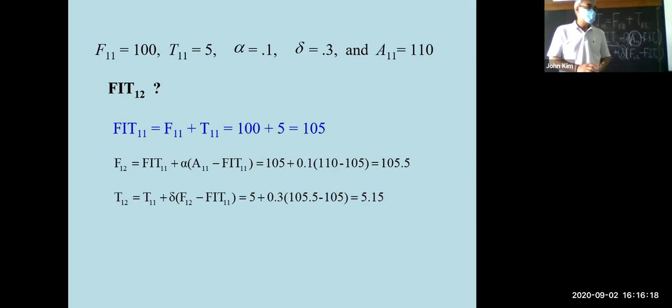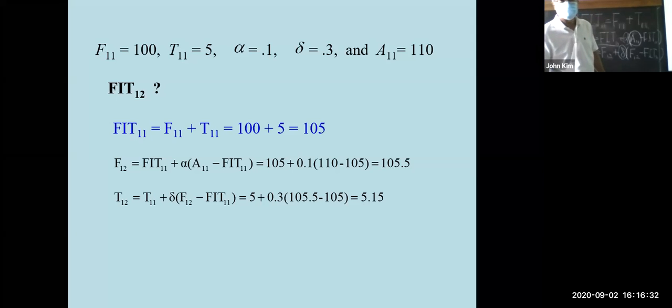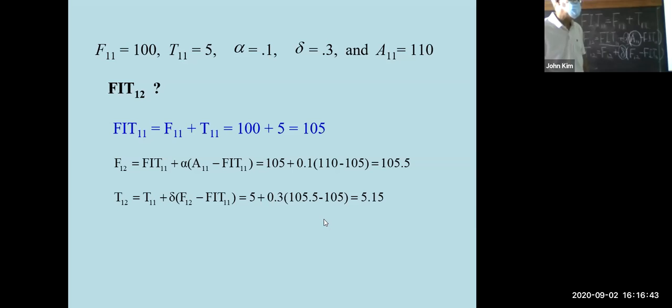T12 equals T11, given 5, plus delta 0.3 times (F12 from calculation, 105.5, minus FIT 11, 105), which equals 5.15.